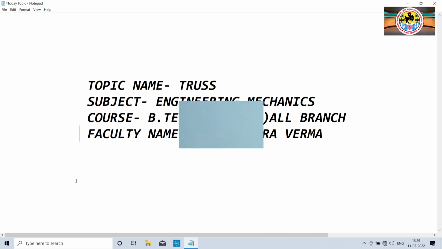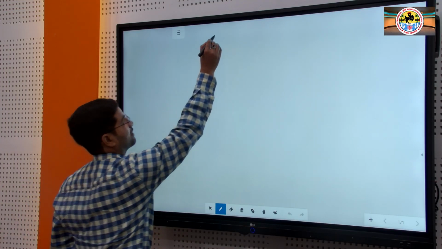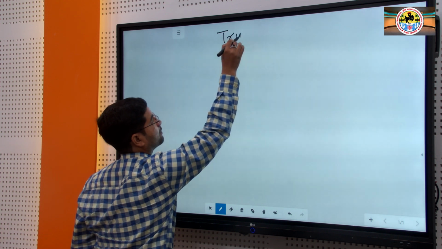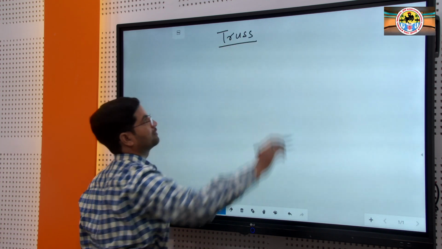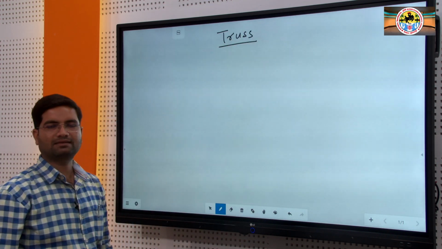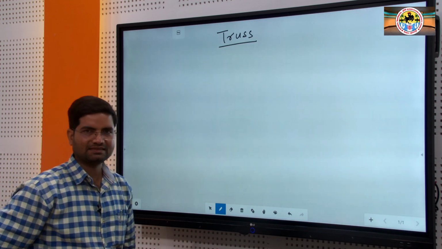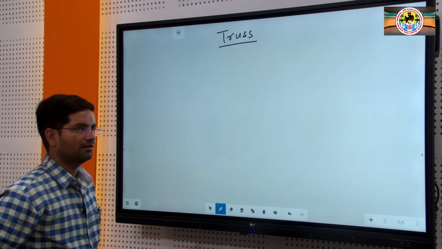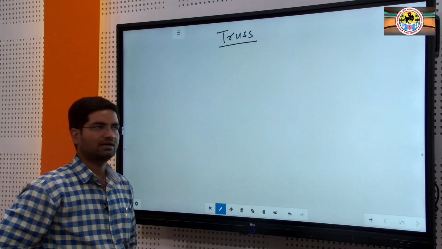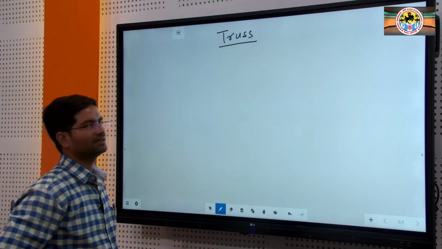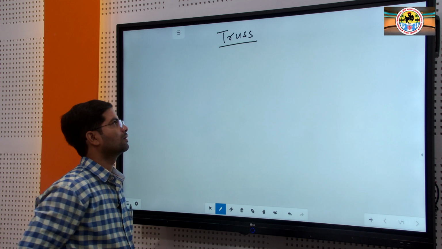So, here in the truss, basically truss is known as a structure. Why is it called a structure? Because the degree of freedom of the truss is 0.